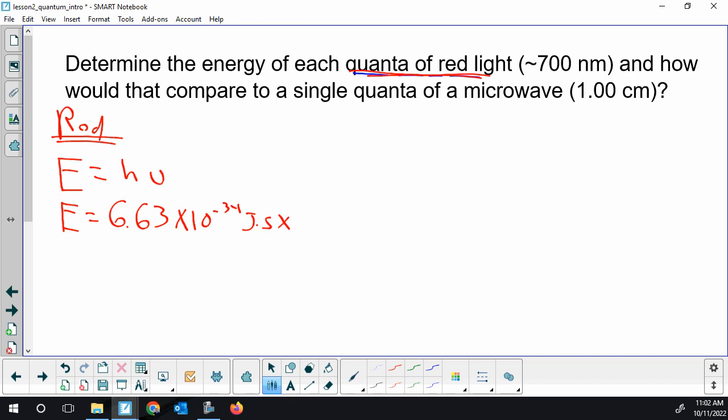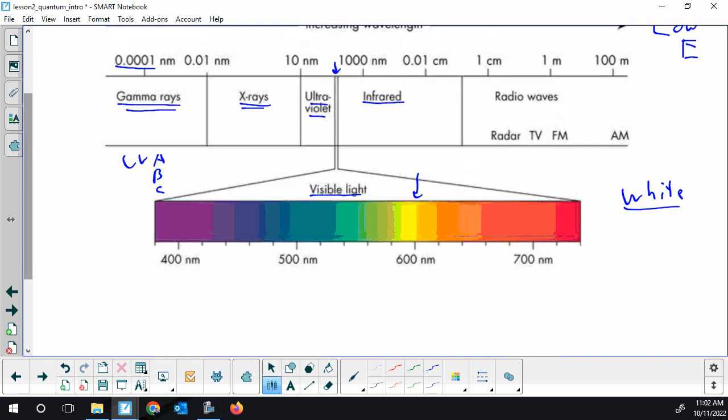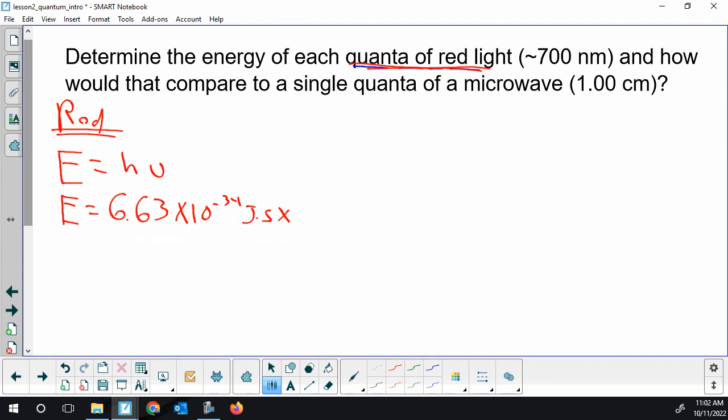We know that red light is about 700 nanometers, so that's coming from our diagram. So red light, I'm just using roughly 700. I'm not using sig figs with this. I'm just ballparking it. Smack dab in the middle of the red, about 7. Now we can use the speed of light is the wavelength times the frequency.